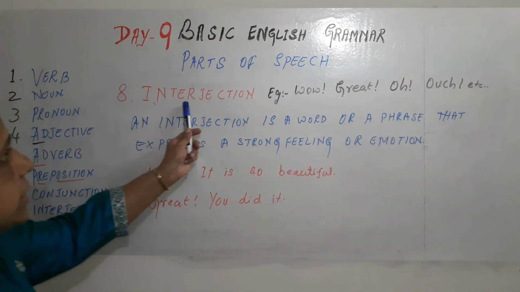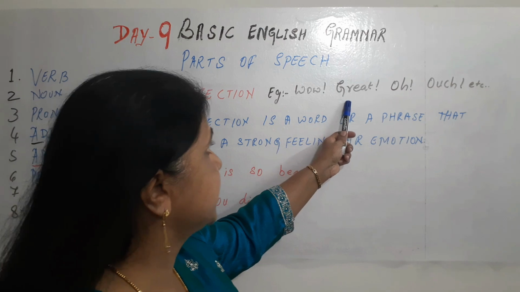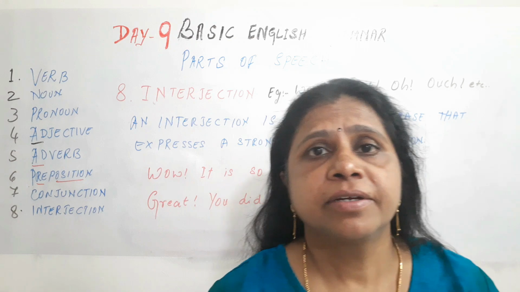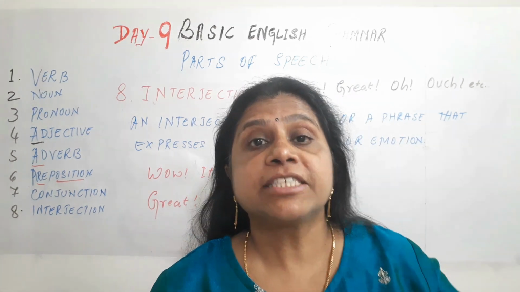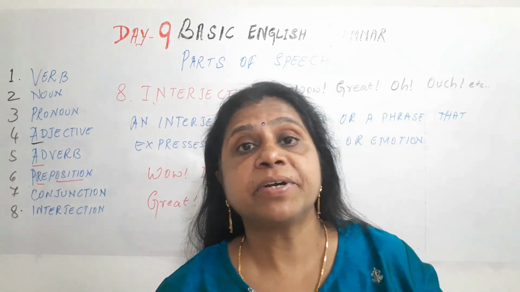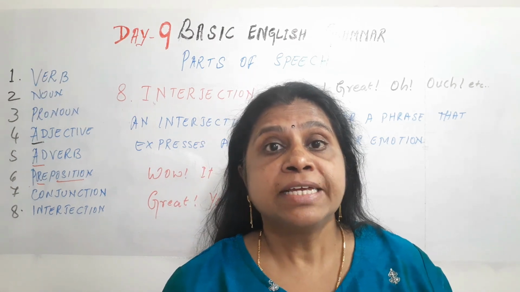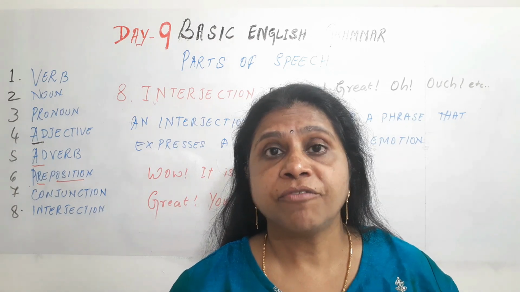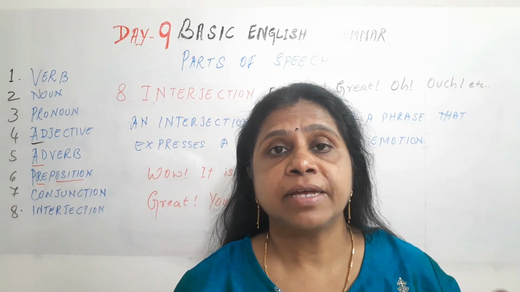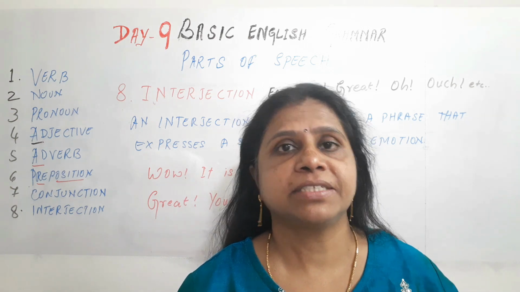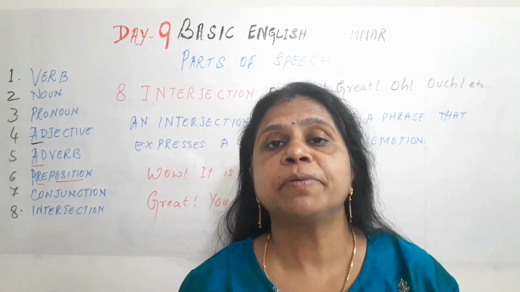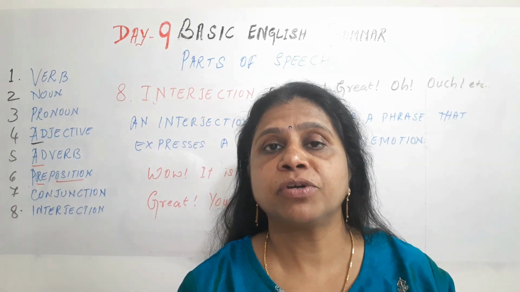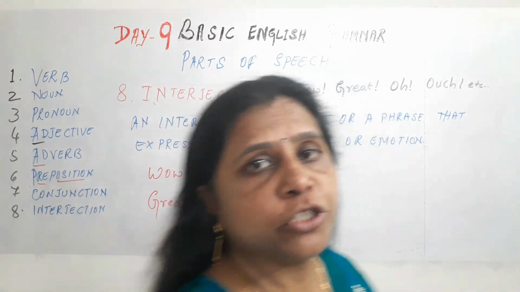For example, it can be wow, great, oh, ouch, etc. Whenever we want to express our feeling, we say a particular word because we cannot show exactly what is happening or our emotion. In that case, we use particular words, and through them we can understand the particular feeling or emotion.